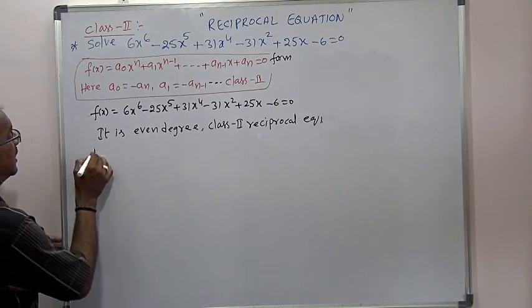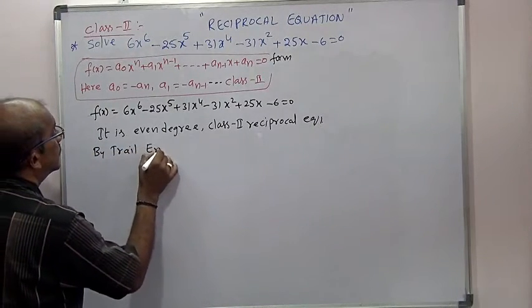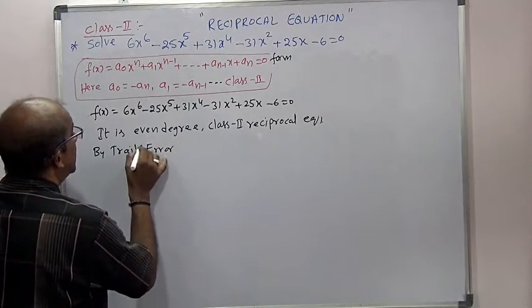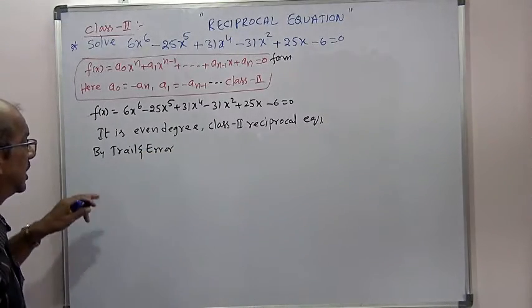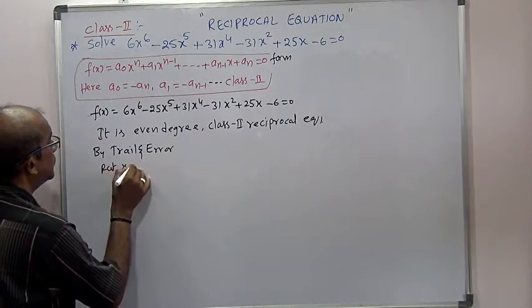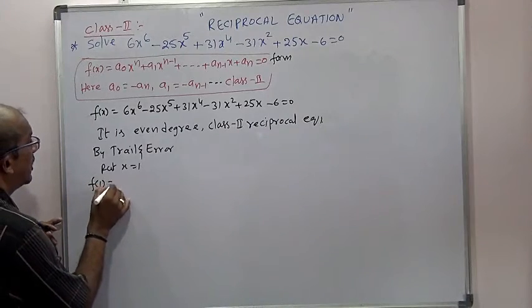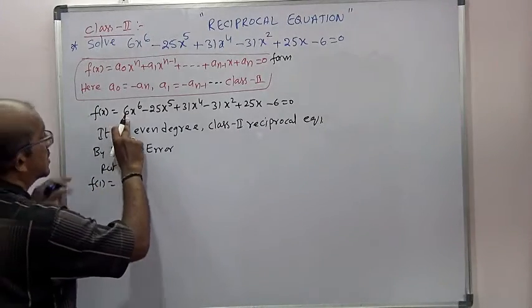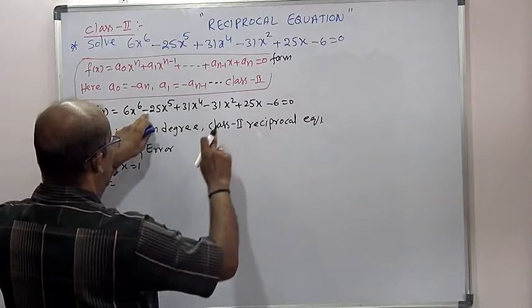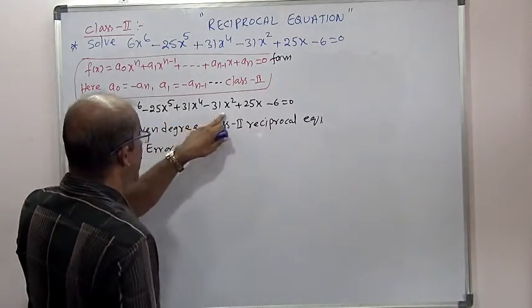Now by trial and error, the roots. Put x = 1, that is f(1) = 6 - 25 + 25 + 31 - 31.